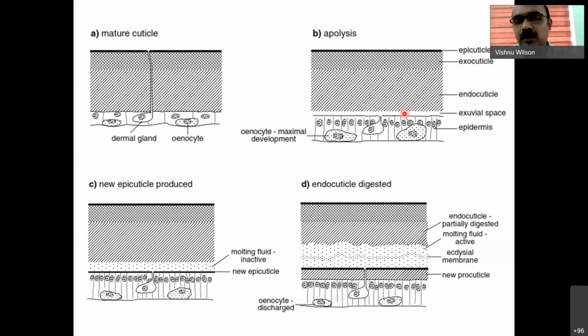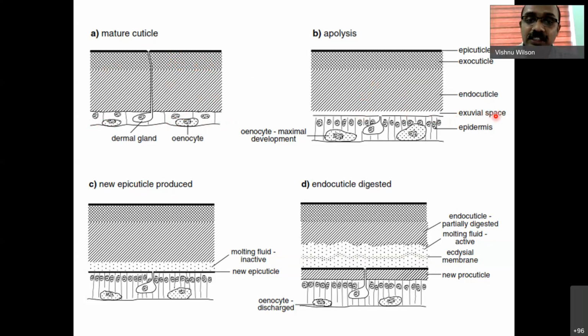So this is the molting process. This is the cuticle. You can see the epicuticle, the procuticle, which gets differentiated into exocuticle and endocuticle. This is the hypodermis or epidermis, and we have the basal membrane over here. During the apolysis process, a space is created, and that space is called the exuvial space.